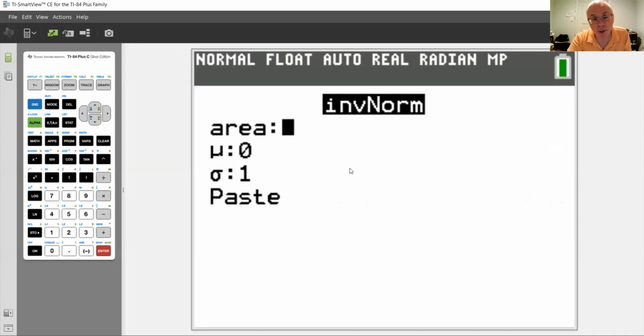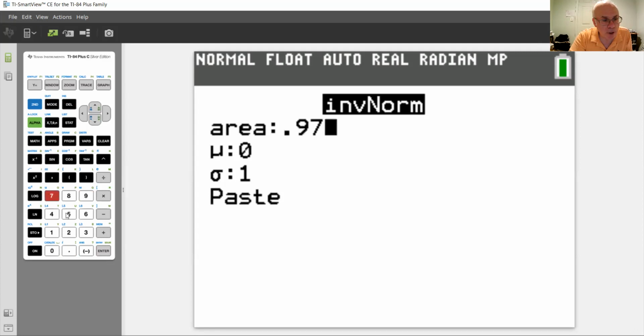Now, if you remember, the area to the left of that is going to be 0.975. How do we know that? Because we know the middle area is 95% and the left tail is another 2.5%. And I showed this to you in class. So when we have the area in the middle be 0.95, the area to the left of that endpoint, the one on the right, is going to be 0.975, right?